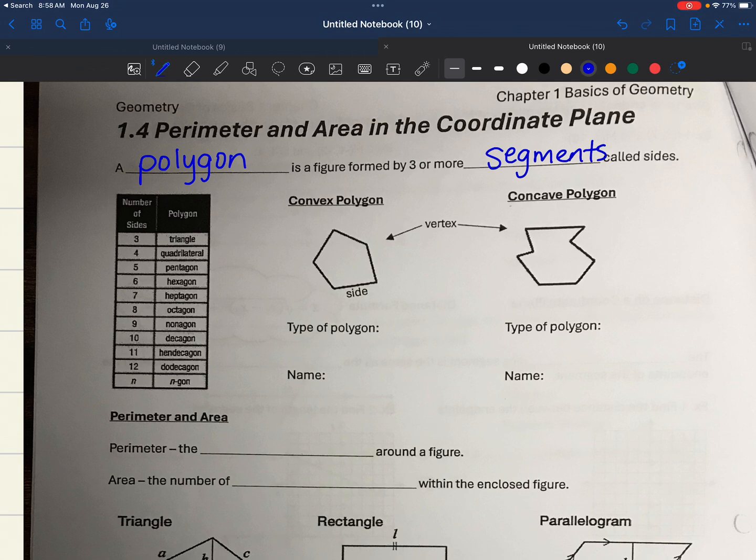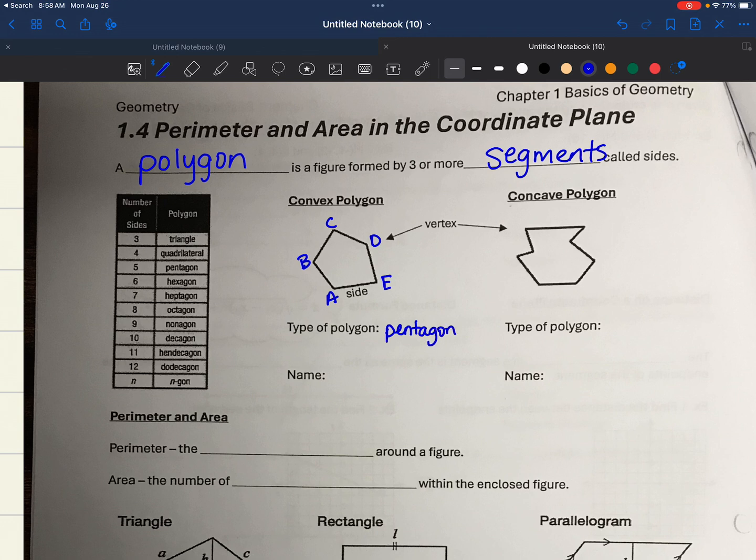All right, then we're going to talk about the two different types of polygons we have here. We have convex, and then we have concave polygons. Okay, so let's name this one A, B, C, D, E. Somebody tell me what type of polygon this would be based off the number of sides. Pentagon. It is a pentagon because it has 5 sides.